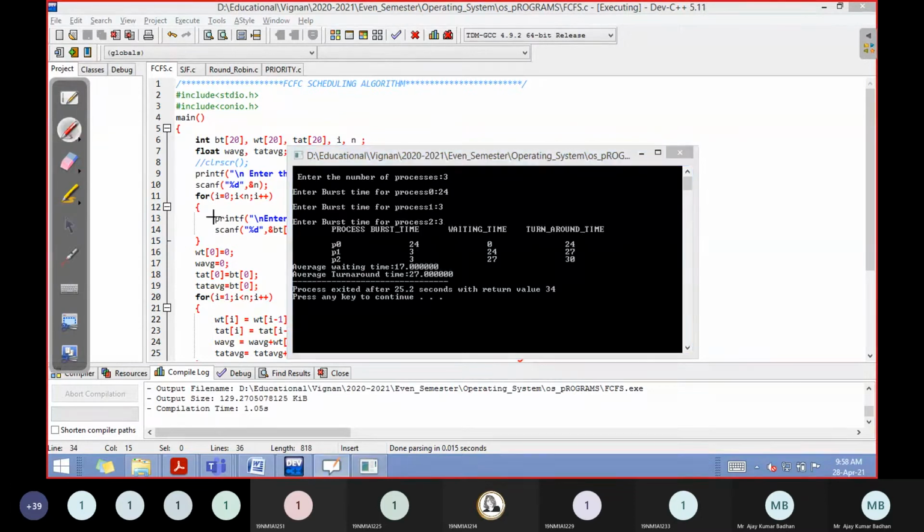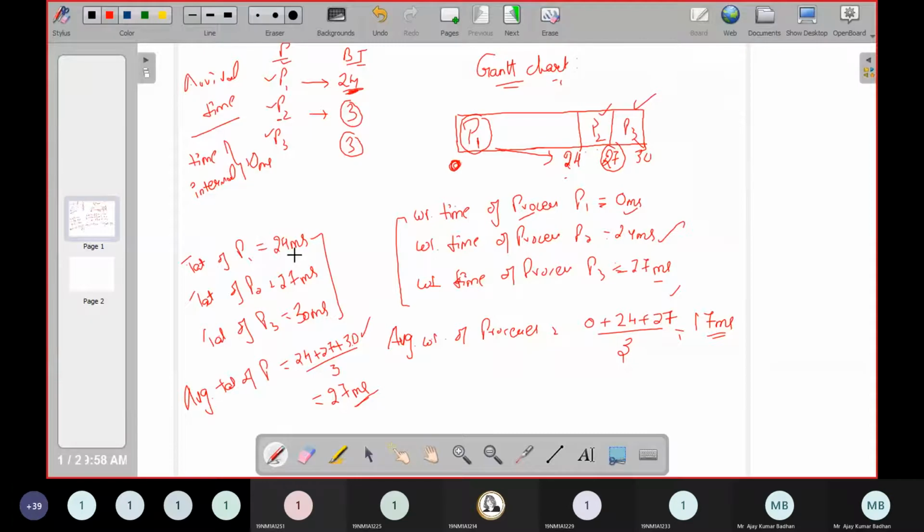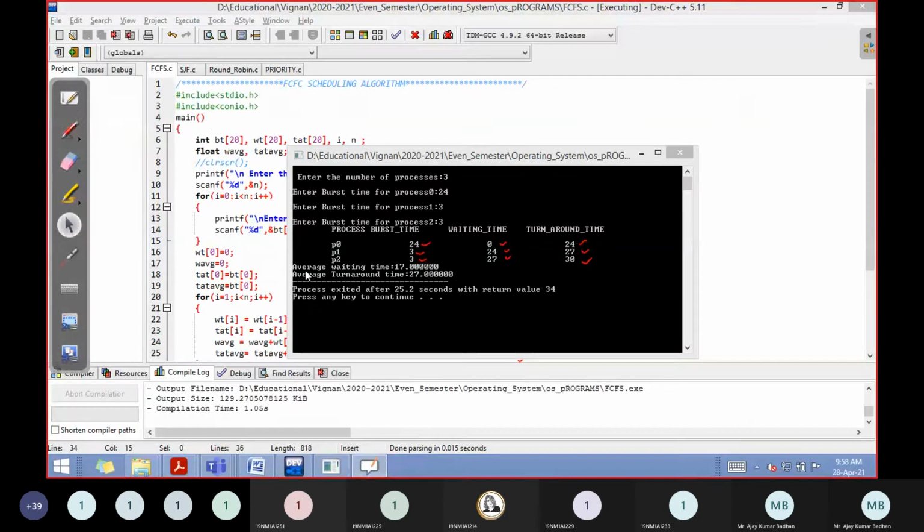Now you can see clearly that the burst time for the first process is 24. The burst time for process P2 is 3 and for process P3 is 3. The waiting time we got here is 0, 24, 27, and the turnaround time is 24, 27, 30. So it is very clear.